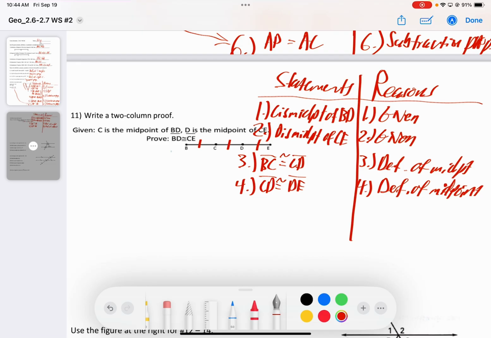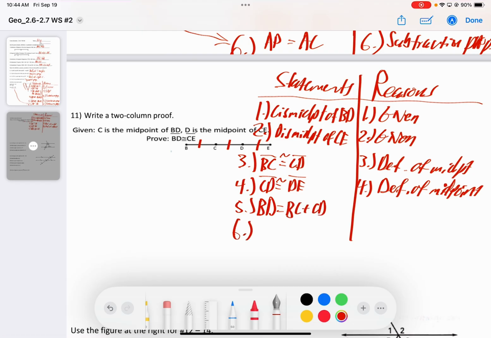Okay, so I have that those small segments are equal to each other. So then now, what Ryan does after that is he uses segment addition postulate to break things up. Okay, it turns into a long proof. So then you said that BD is equal to BC plus CD.